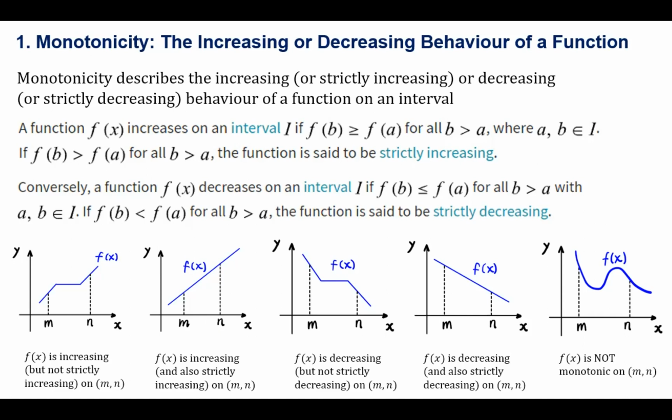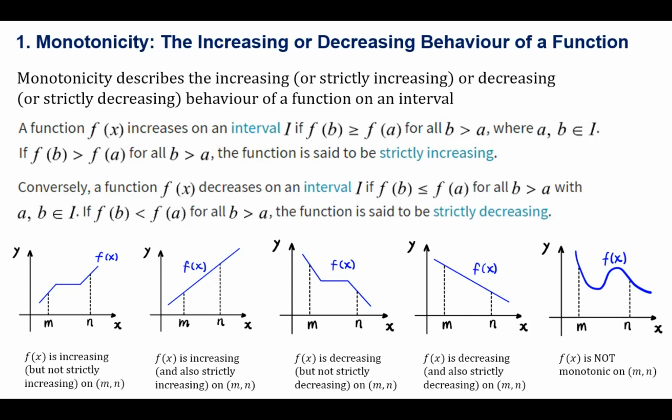In the third graph, for any a less than b in this interval from m to n, we have f(a) greater than or equal to f(b). Therefore, in this case, we say f(x) is decreasing, but not strictly decreasing on this open interval from m to n.